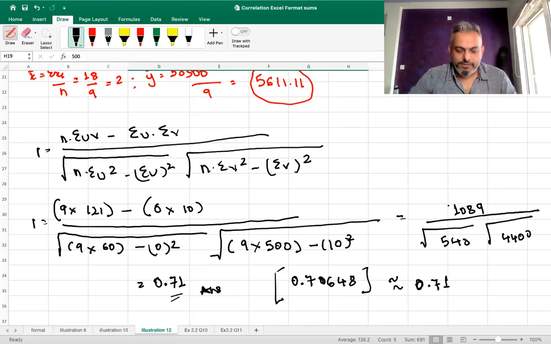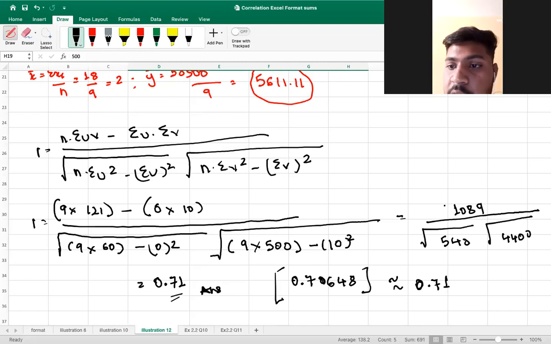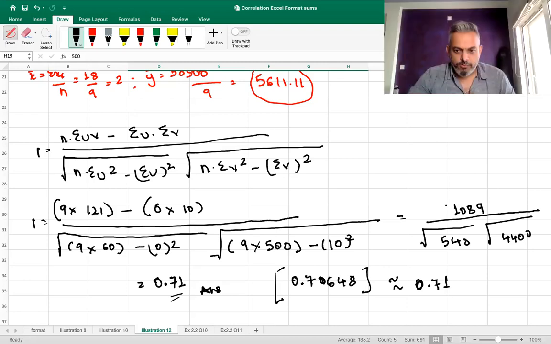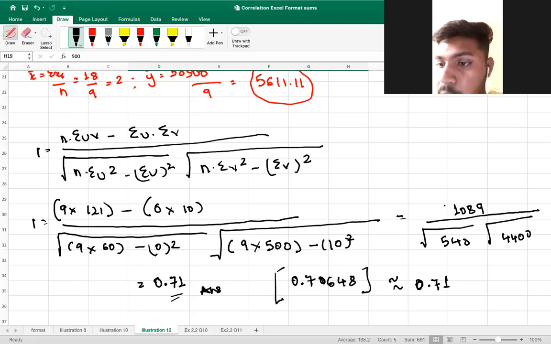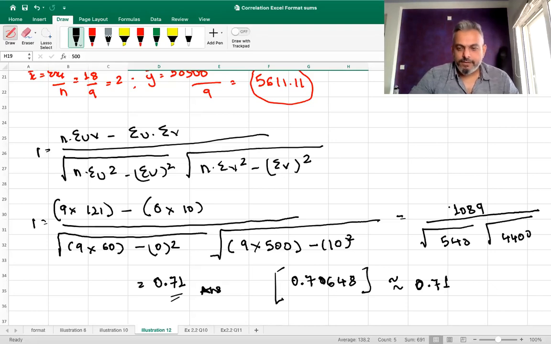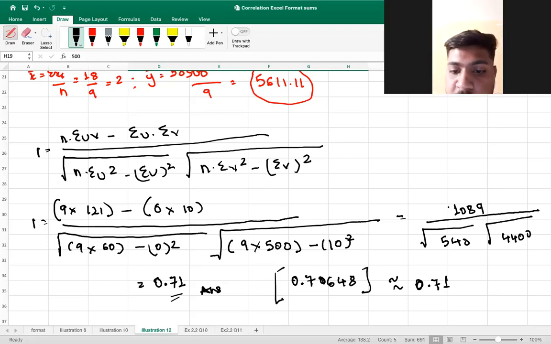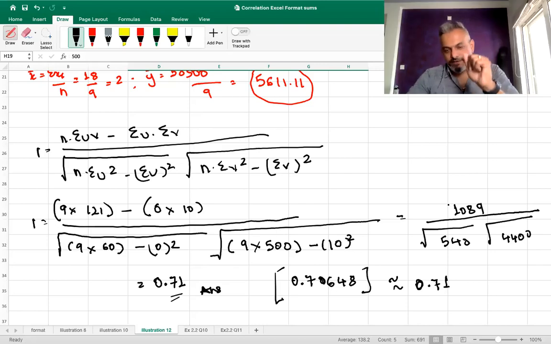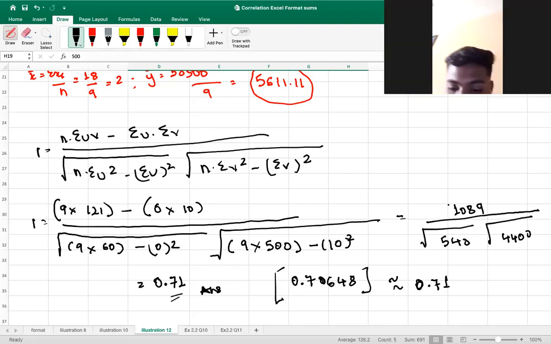What did you get? 0.0006484. Into the numerator, what is given? 1089. Into 1089 is equal. How much did you get? 0.706. Got it now? Yes. Right.